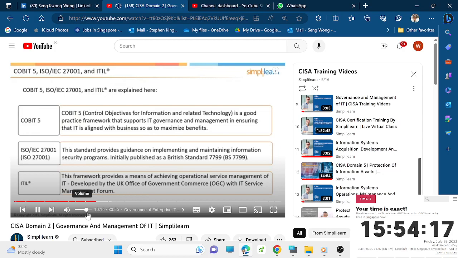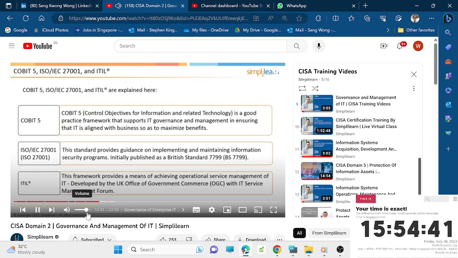ISO IEC 27001, also known as ISO 27001, provides guidance on implementing and maintaining information security programs. This standard was initially published as British Standard 7799 or BS 7799.